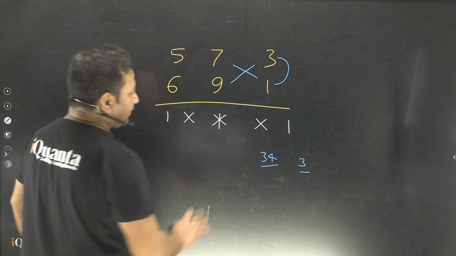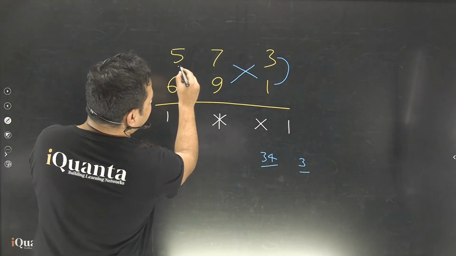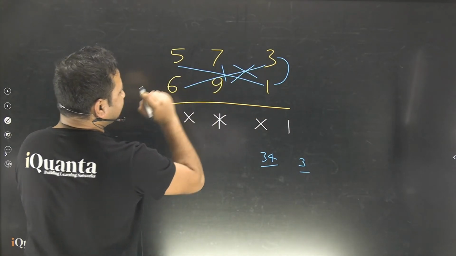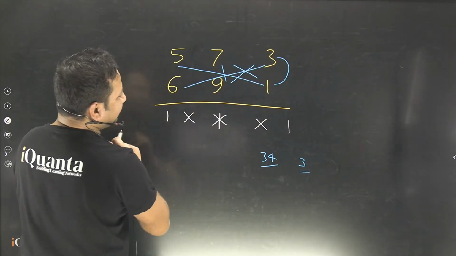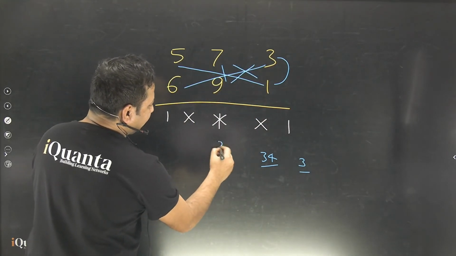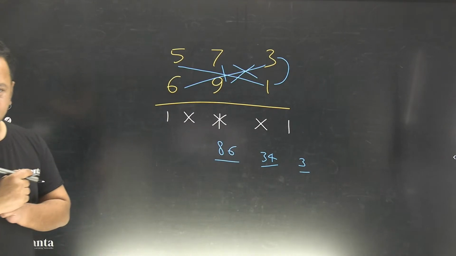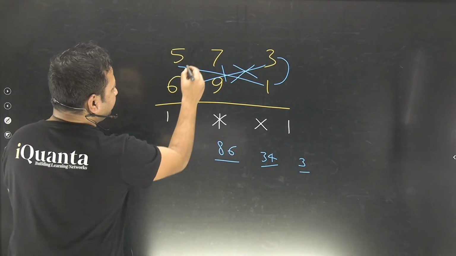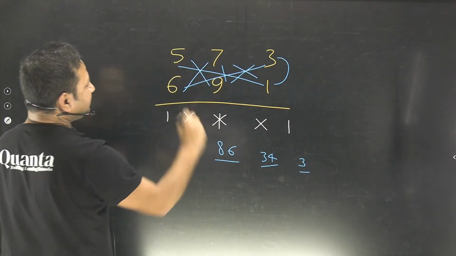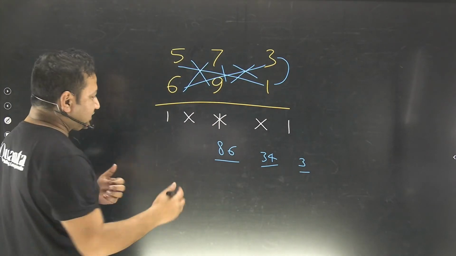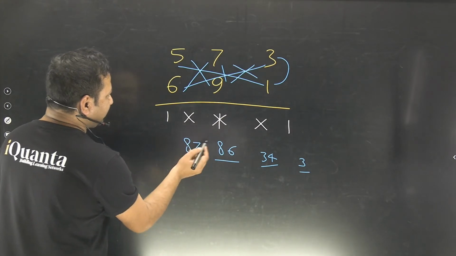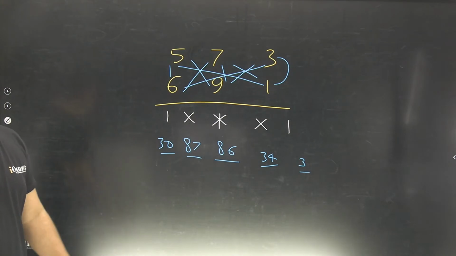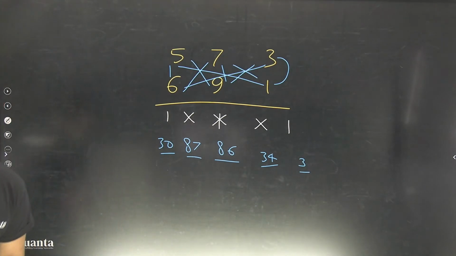One more, 3, all 3. 5 ones are 5, 3 6s are 18, 7 9s are 63. 5 plus 18 is 23, plus 63 is 86. Okay? Cool. 2 from the left. 5 9s are 45, 6 7s are 42. 45 plus 42 is 87. 1 from the left, 5 6s are 30. Understood, everyone?